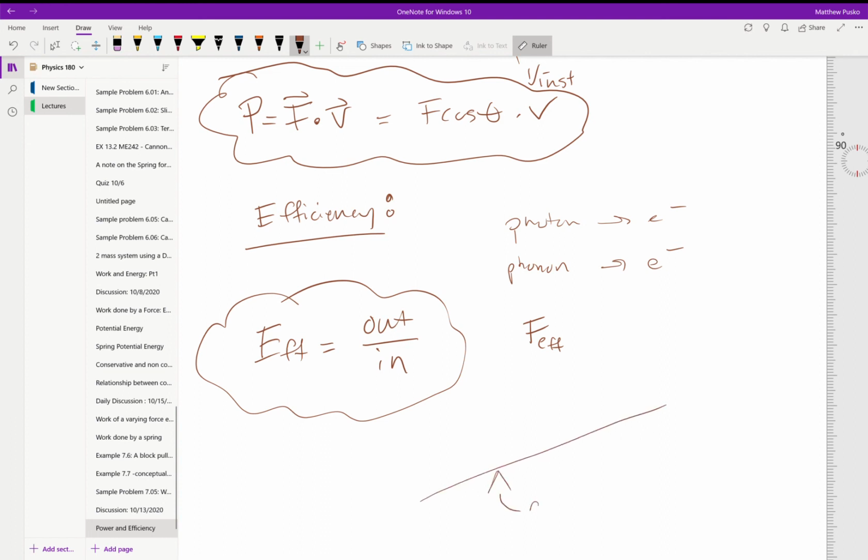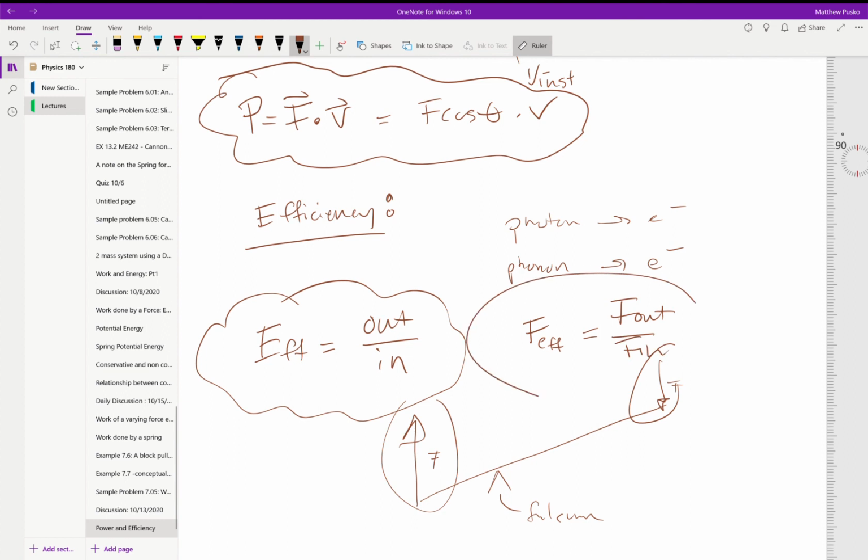Remember, if you have a fulcrum and a lever, it allows you to apply less force but get more back out. Well, that we can find out the efficiency, how much we get out over how much we get in. And so that would just be F out over F in. So whatever quantity you're talking about, it's just how much you're getting out over how much you put back in.